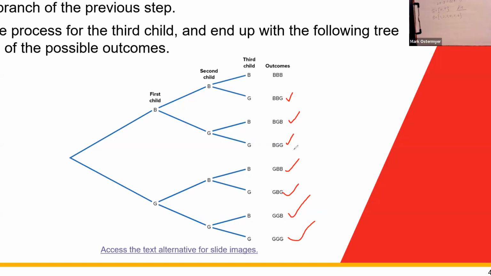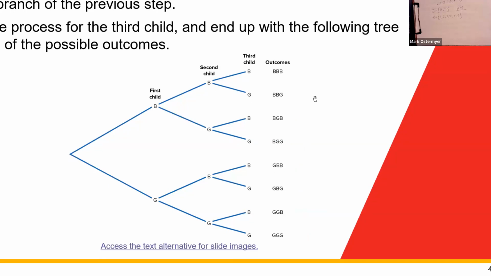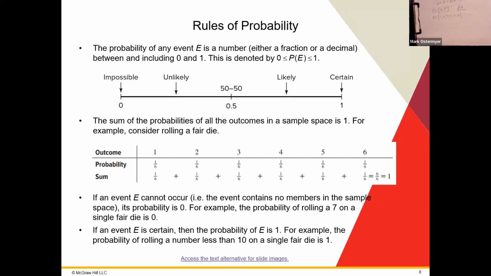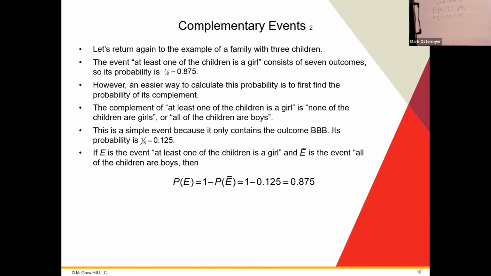So it looks like 7 out of the 8 outcomes are ways of having this event occur, of having at least 1 girl. So in other words, the probability of having at least 1 girl when we have 3 children would be 7/8 or 0.875. In our minds, we know that to be about an 87% or 88% chance of that occurring, correct?